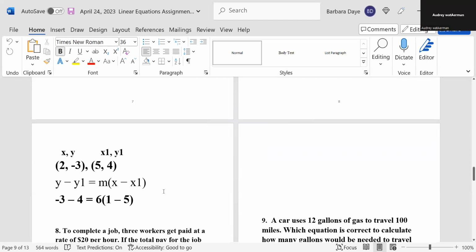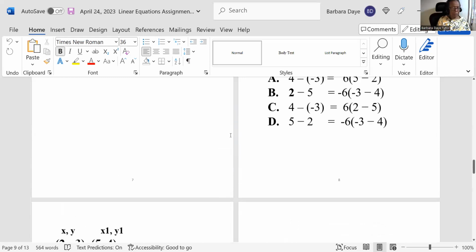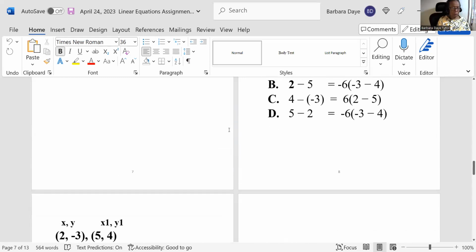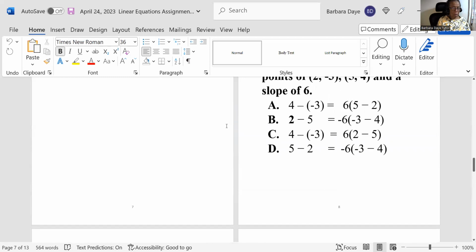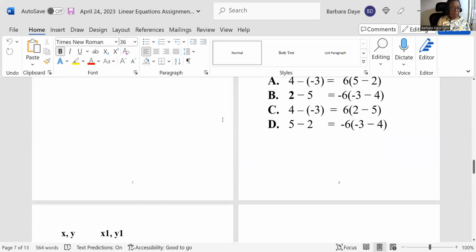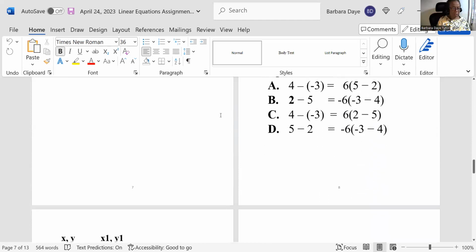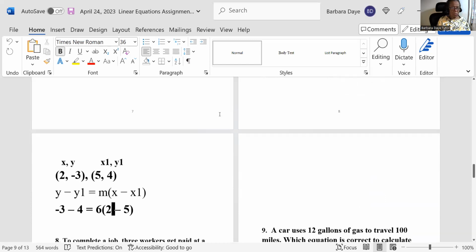X is 2. So -3 minus 4 equals 6 times 2 minus 5.